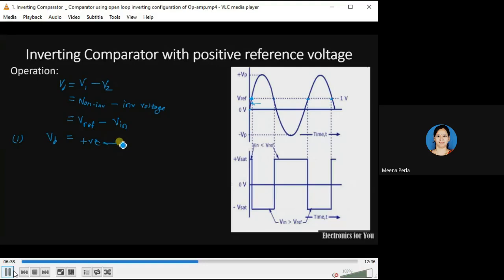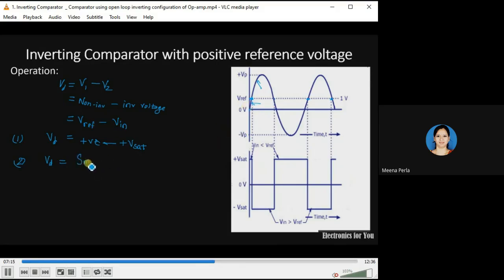So in this particular second waveform, V reference is smaller than V in, and here you can see this is V in, which has been shown here. On that basis, we can see the second case where VD will be equal to the smaller number minus the higher number, that means V in minus V reference.